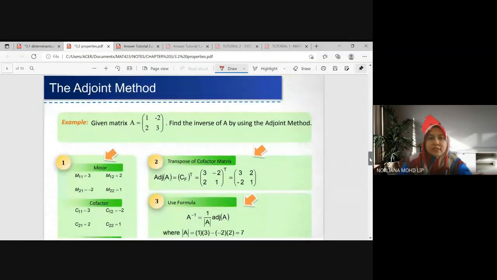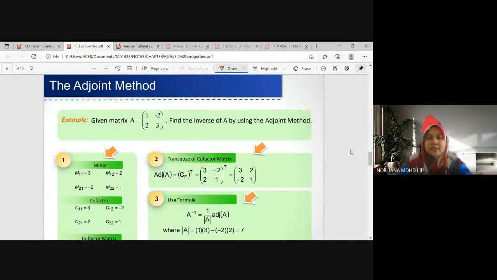Okay, look at this example. To find the inverse of A using the adjoint method. Actually, we can simply find the inverse of matrix A using the previous formula, 1 over AD minus BC, and AD minus BC is 3 minus negative 4. Sebelum ni ada belajar chapter 1.